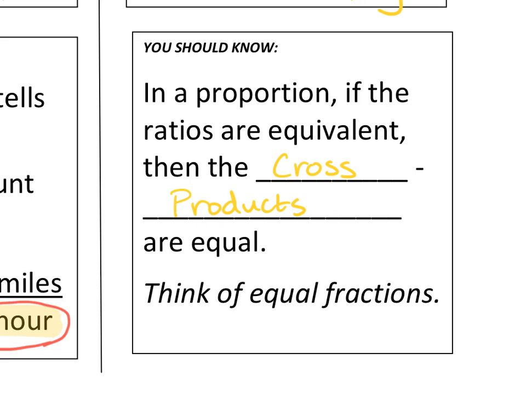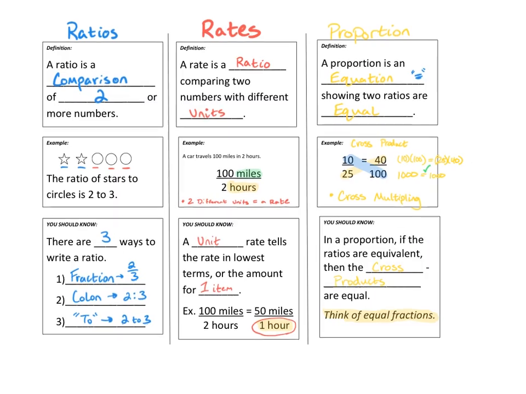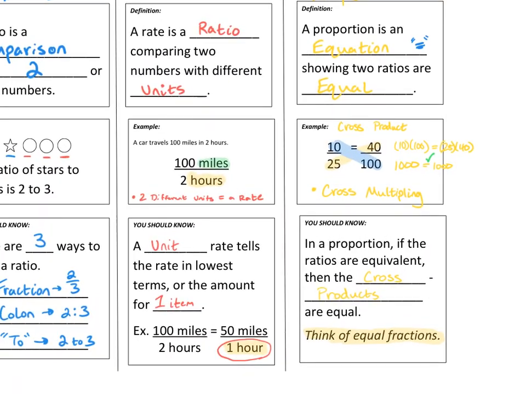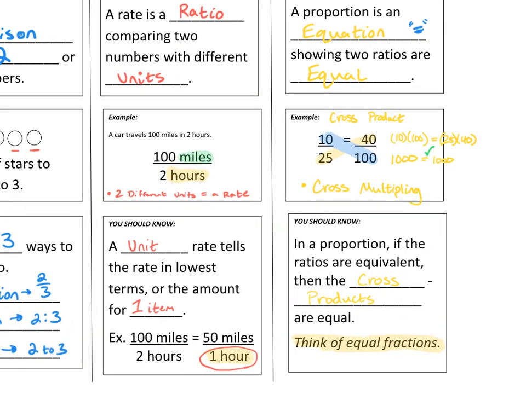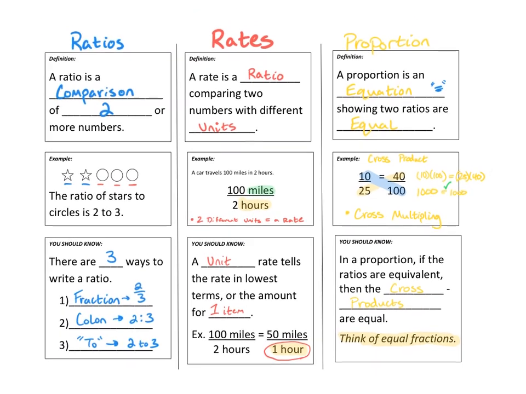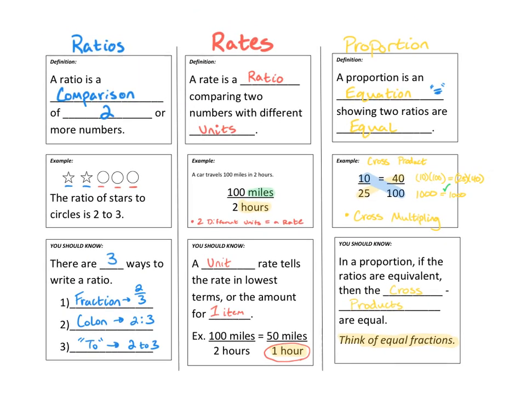You want to think about equal fractions, but all you have to do is what we did right above and cross multiply. If you find the cross product, they should be the same, and that's how you would show proportions. All of that information shows the differences between ratios, rates, and proportions.